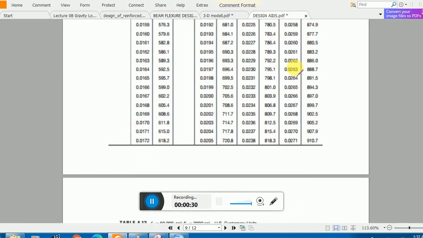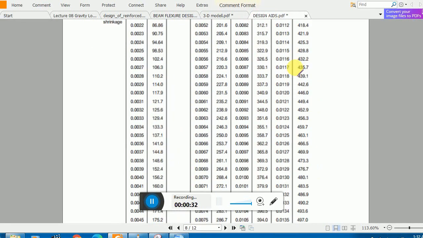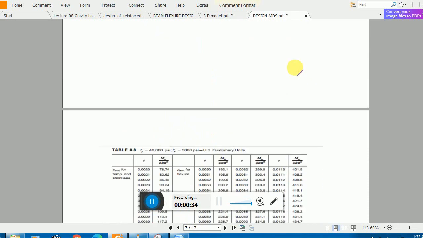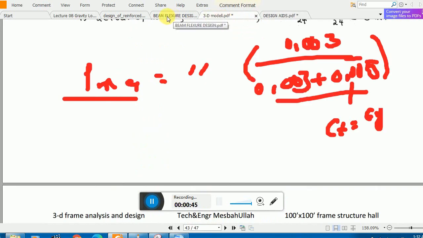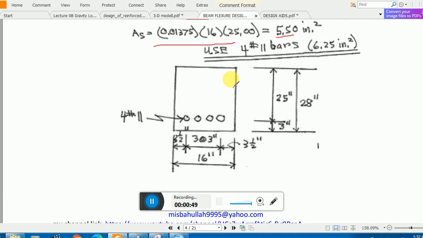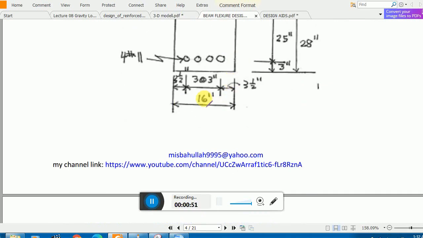To check the minimum width, you have to find the table. For number 11 bar, and this is 4, the minimum width needed is 13.8, almost 14 inches, and we are providing 16 inches.